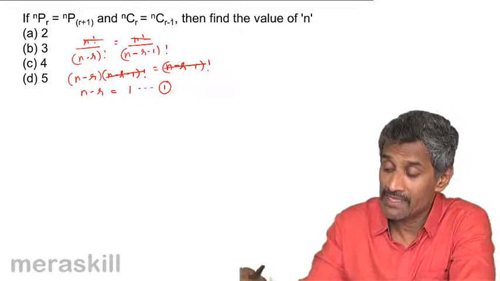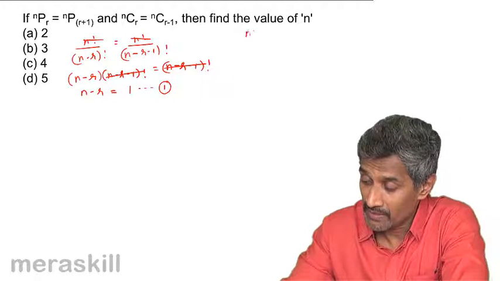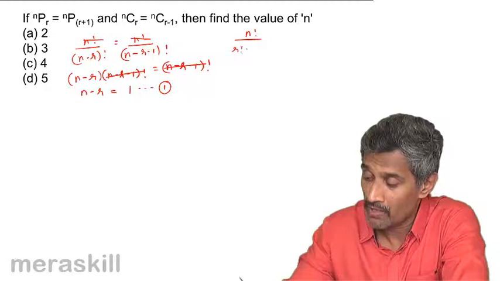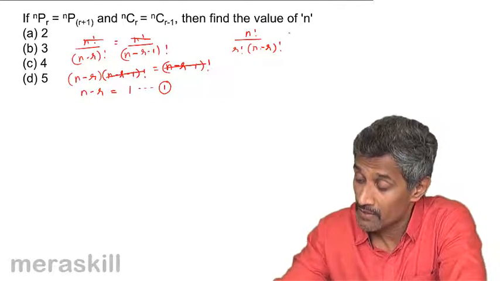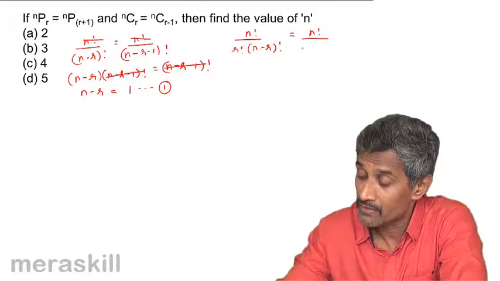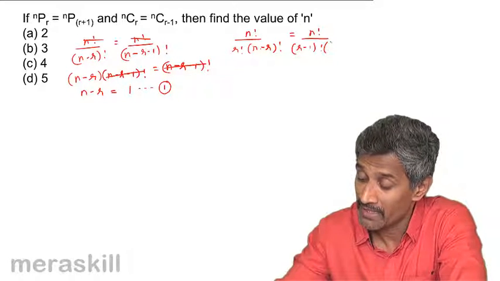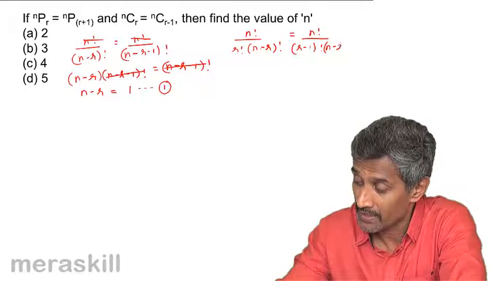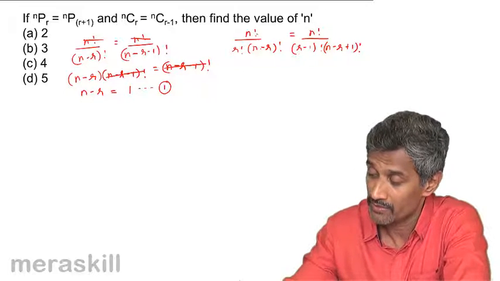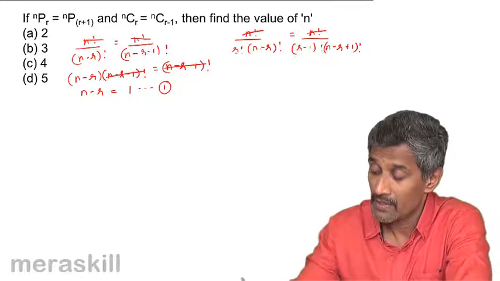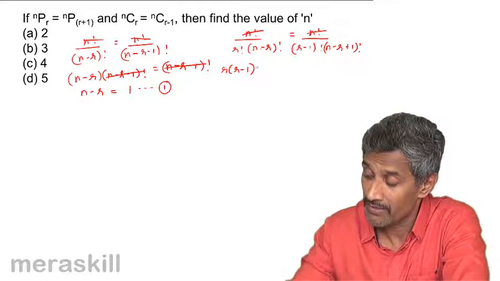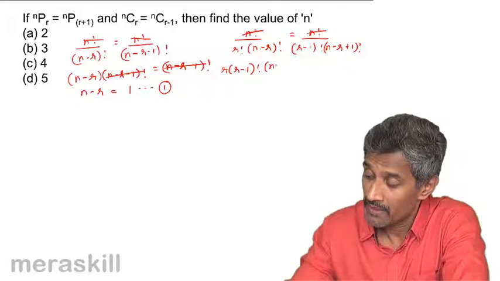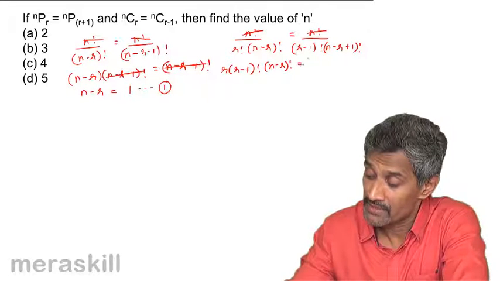And nCr is nC(r-1), that is n factorial upon r factorial into n minus r factorial is n factorial upon r minus 1 factorial into n minus of r minus 1, that is n minus r plus 1 factorial. So this of course gets cancelled. r factorial can be written as r into r minus 1 factorial. n minus r factorial will remain as it is.